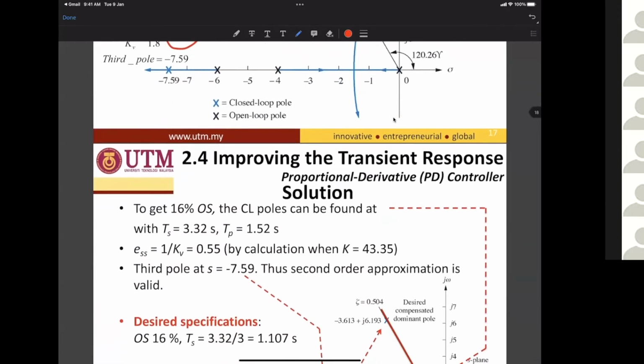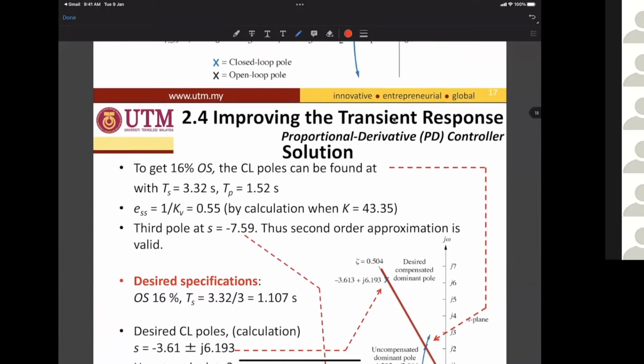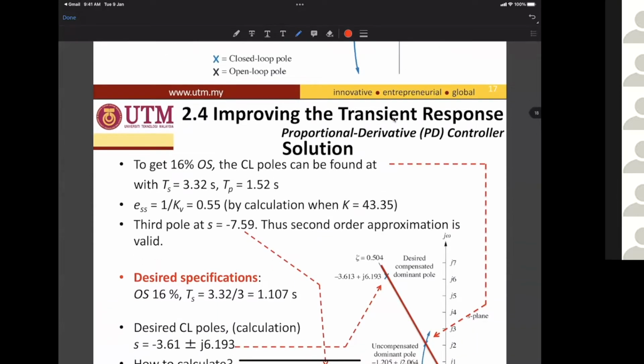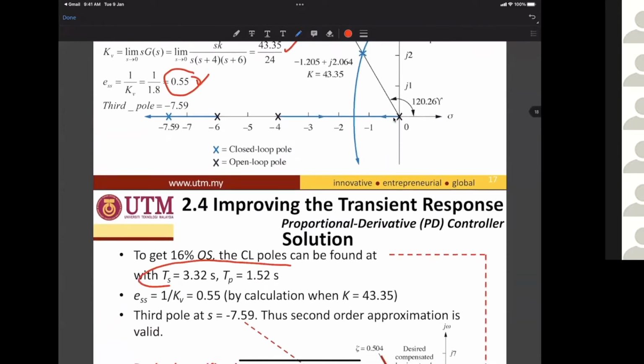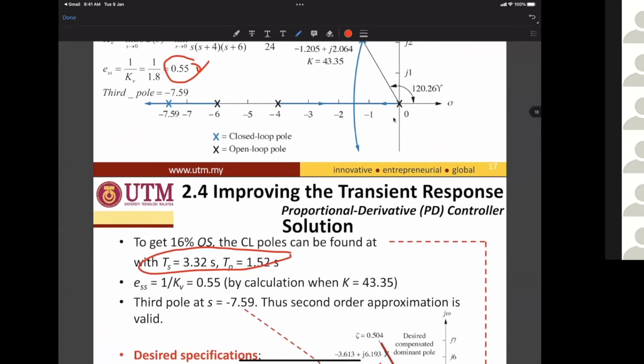So to improve to the PD controller, kita kena lihat kepada sasaran kita, beside we having this settling time and peak time dan error ni.